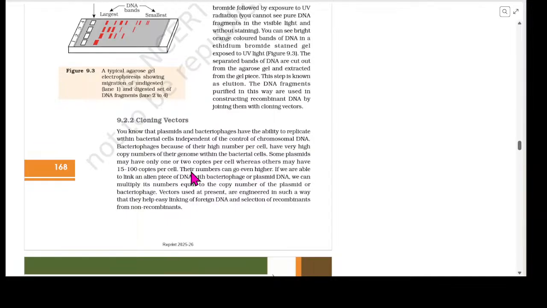Their numbers can also go higher. If we were able to link an alien piece of DNA with bacteriophage or plasmid DNA, we can multiply its numbers equal to the copy number of the plasmid or bacteriophage. Vectors used at present are engineered in such a way that they can help easy linking of foreign DNA and selection of recombinants from non-recombinants.